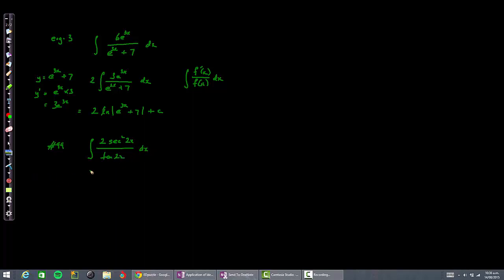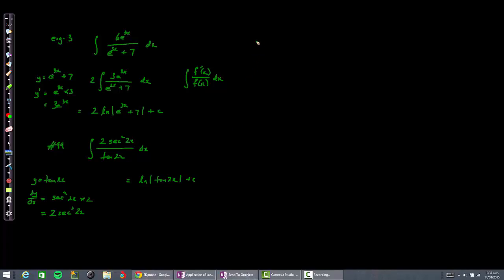Let's check what the derivative of tan 2x is. If y equals tan 2x, the derivative of tan is sec squared, so it's sec squared 2x, and the chain rule gives times 2. So we actually get that top line immediately, which is brilliant because I can write down the answer straight away. It's simply the natural log absolute value of that bottom function.